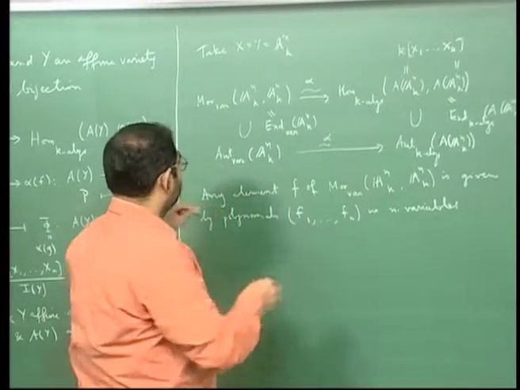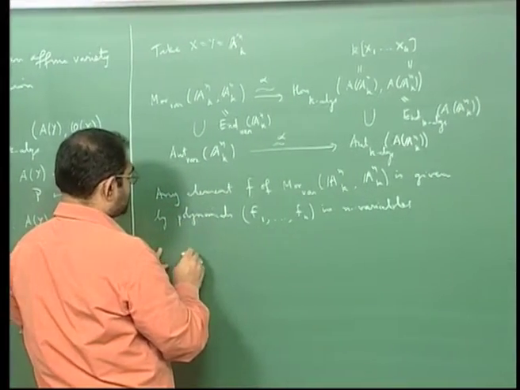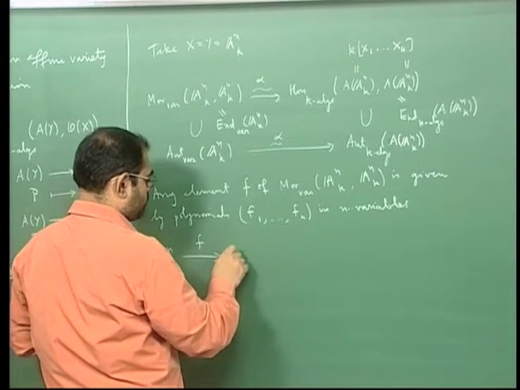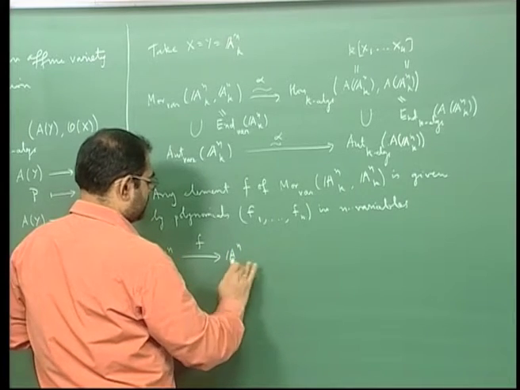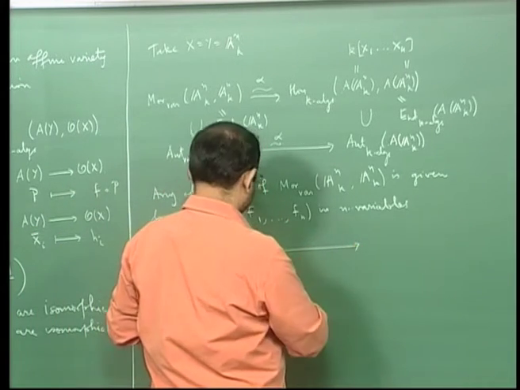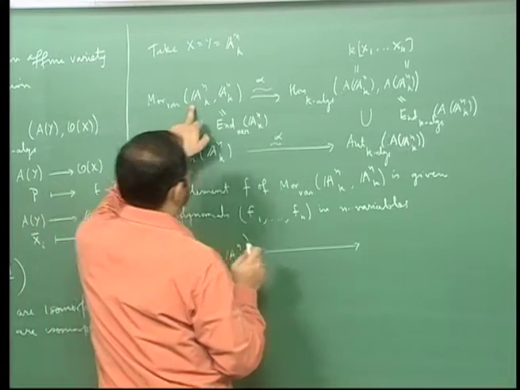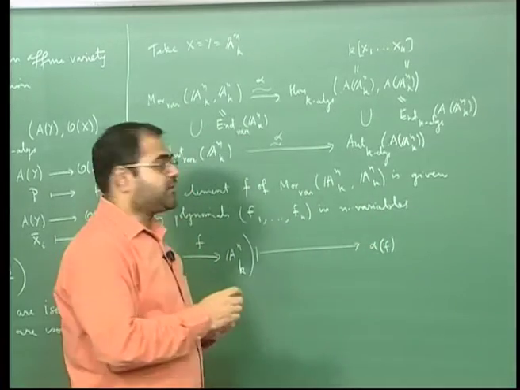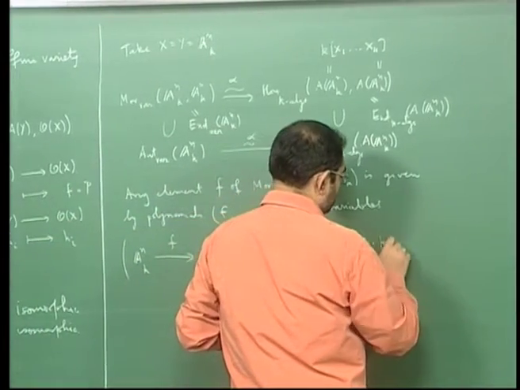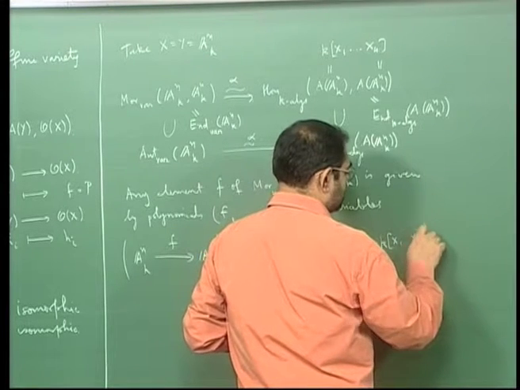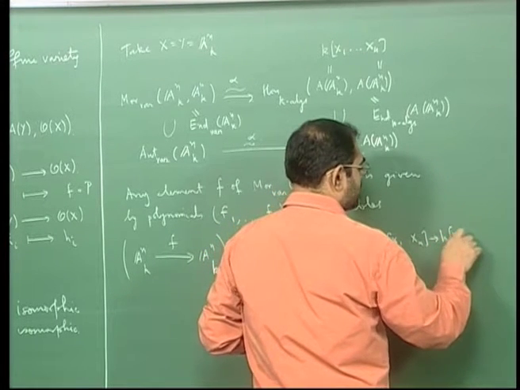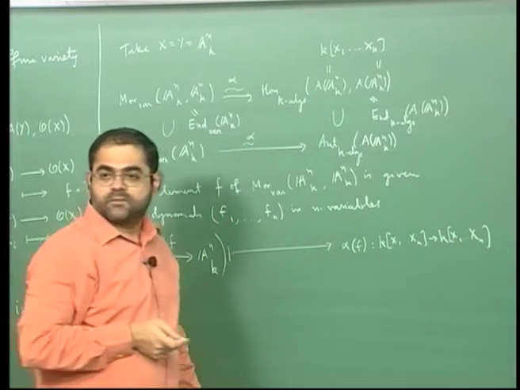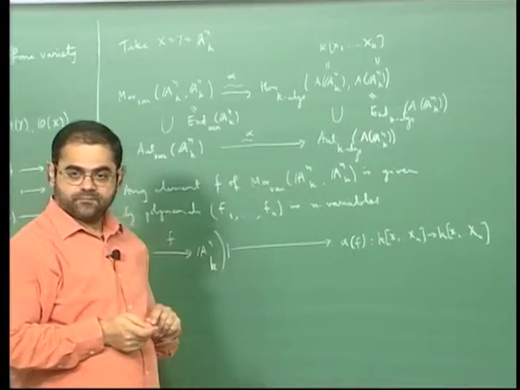So here is my f from an to an, and this is mapped to an element here which is alpha of f, and this alpha of f is a map from k[x1,...,xn] to k[x1,...,xn], where I am identifying the ring of polynomials on an with k[x1,...,xn].